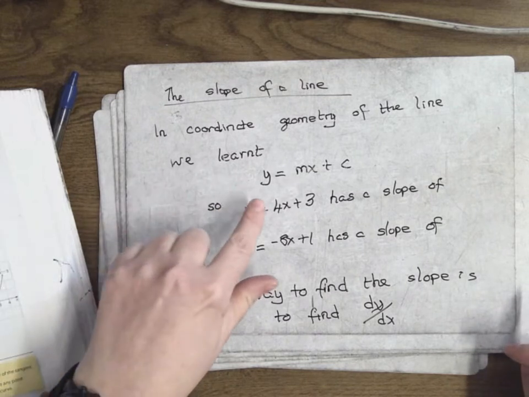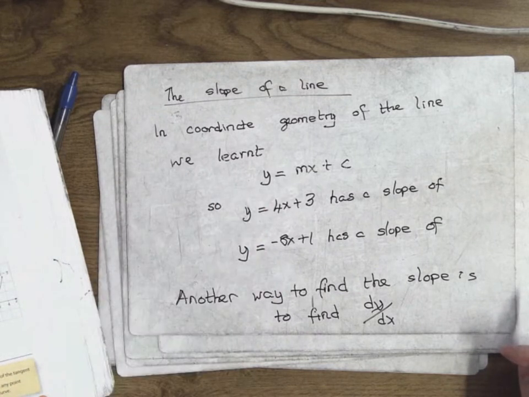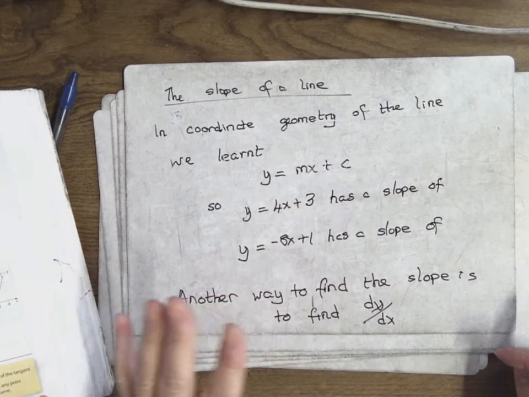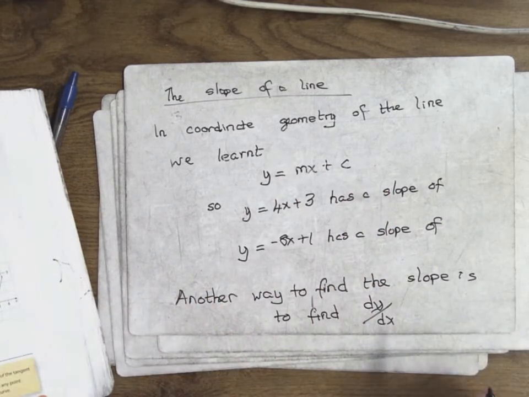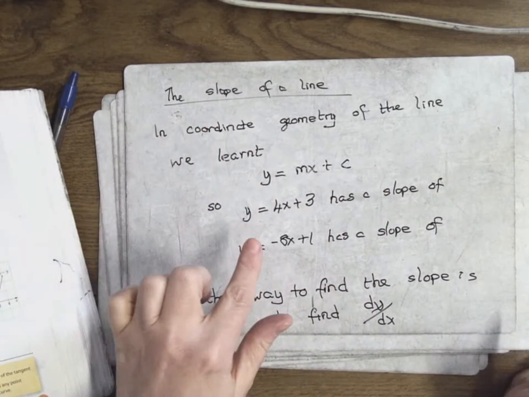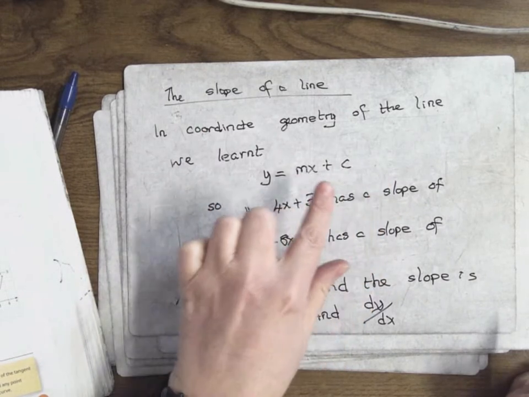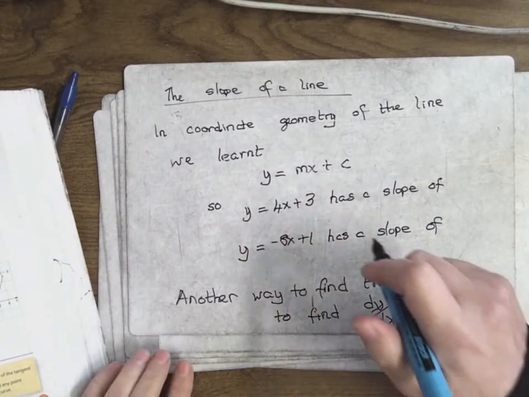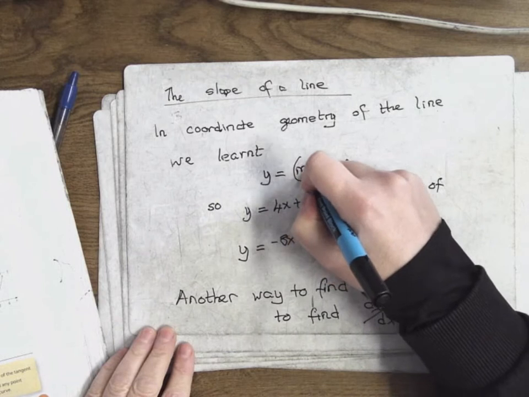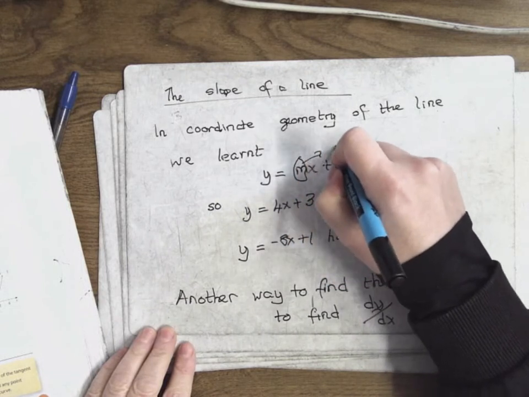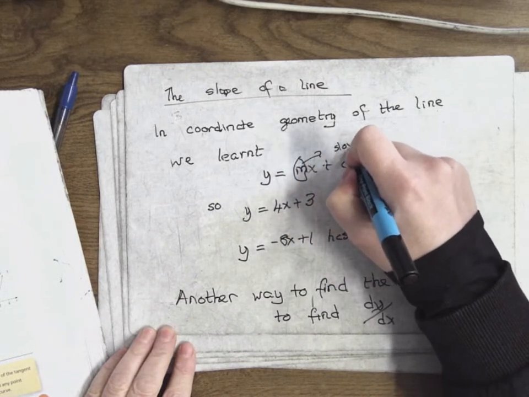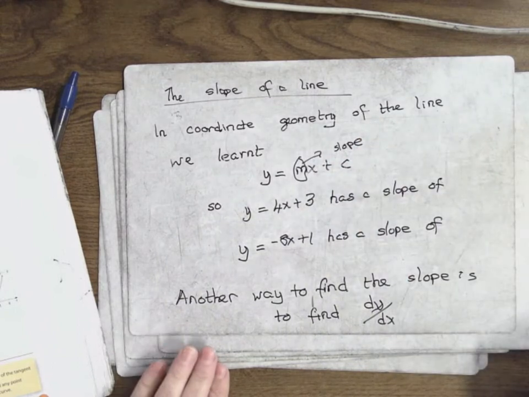We learned that if the line is written as y equals mx plus c, with y on its own on the left hand side and everything else on the right, the slope is the number in front of x.